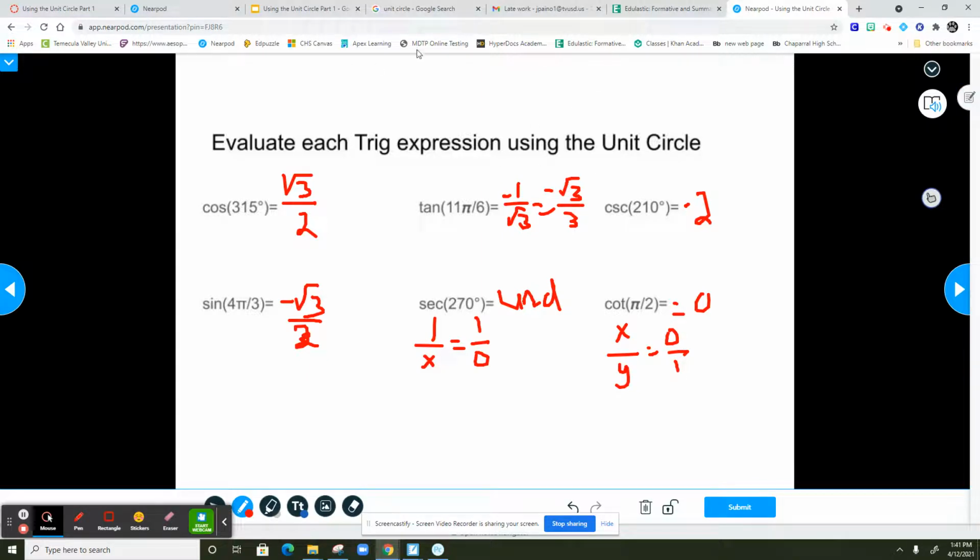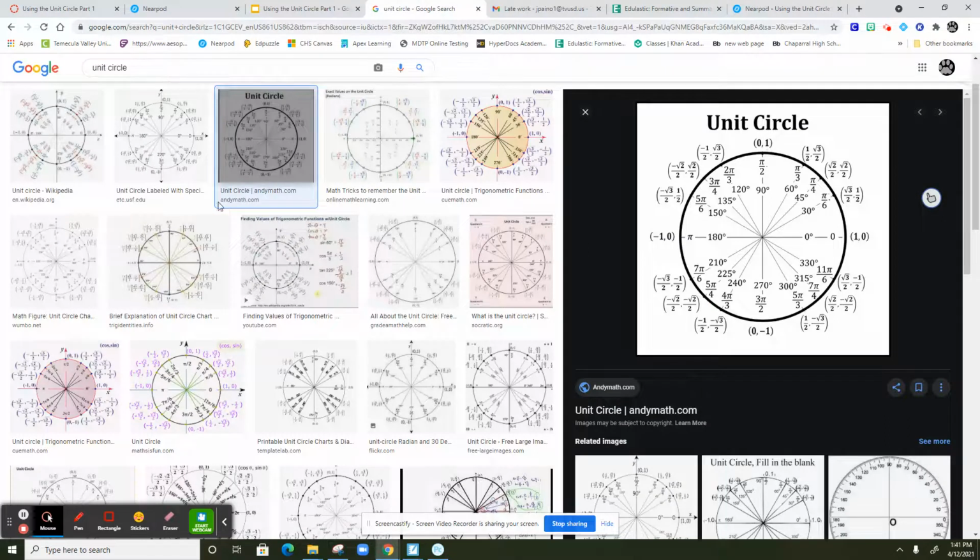All right, so again, for this class purposes, if you have the unit circle in front of you, all this stuff is super direct and super easy. Okay, the challenge, like next year when you're in pre-calc, is those teachers really want you to know these without having to pull out a reference sheet of the unit circle to look at, because you're going to be evaluating things so many times that they want you to be able to recall.